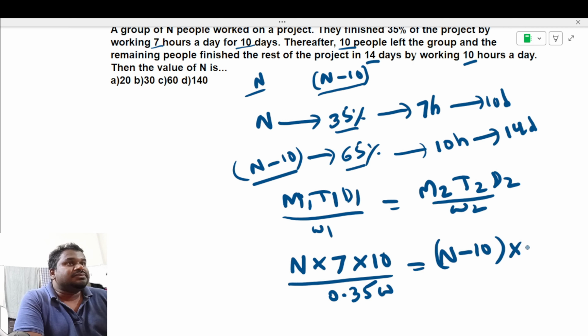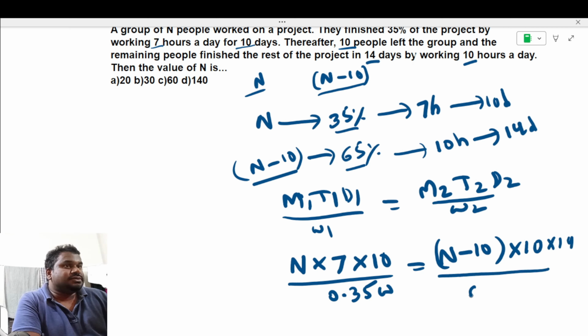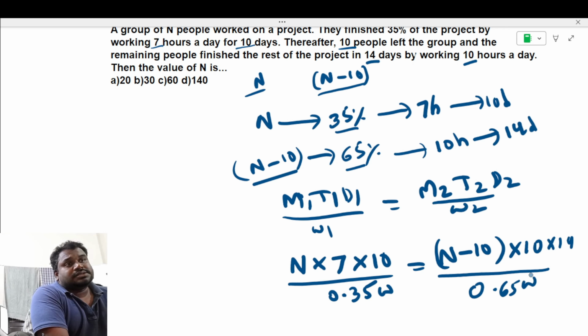How many hours are they working per day? 10 hours per day, and up to 14 days they worked. And how much work did they do? 65%. So it will be 0.65 W, that is 65 by 100 into W.